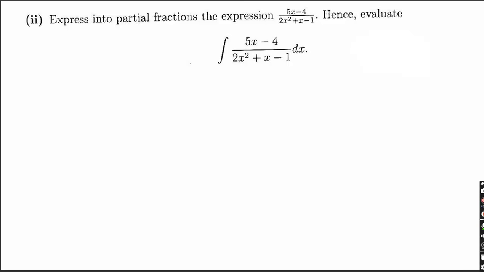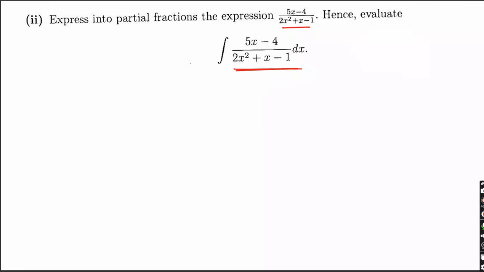Okay, so now let's try to test one of the questions which looks to be more complicated, but is very simple if you can just remember a few concepts which we learned earlier. So this question is integration using partial fractions. We are asked to express first the partial fraction of this expression, and after that we need to evaluate this integral.